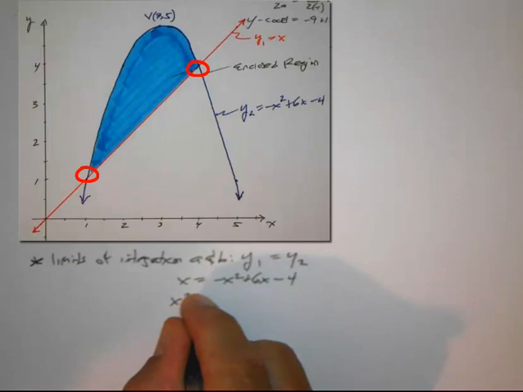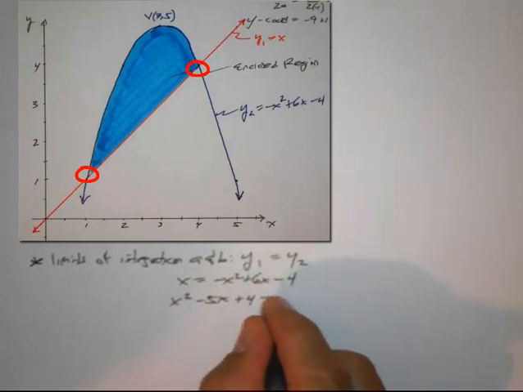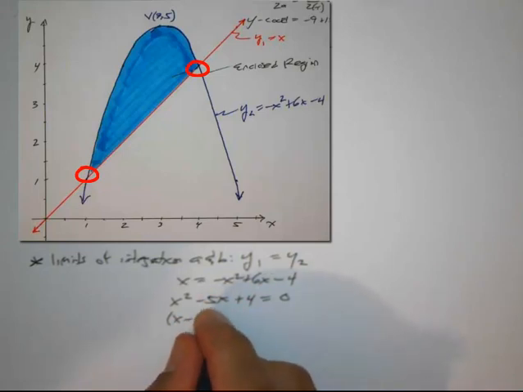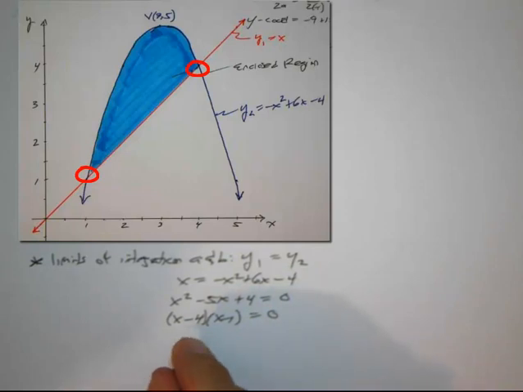And let's see, this will give us x squared minus 5x plus 4 equals 0. Two numbers whose product is plus 4 and sum to negative 5. Yes, negative 4, negative 1 are such numbers. Got a factorization. Solve each factor equal to 0. x equals 4, or x equals 1.